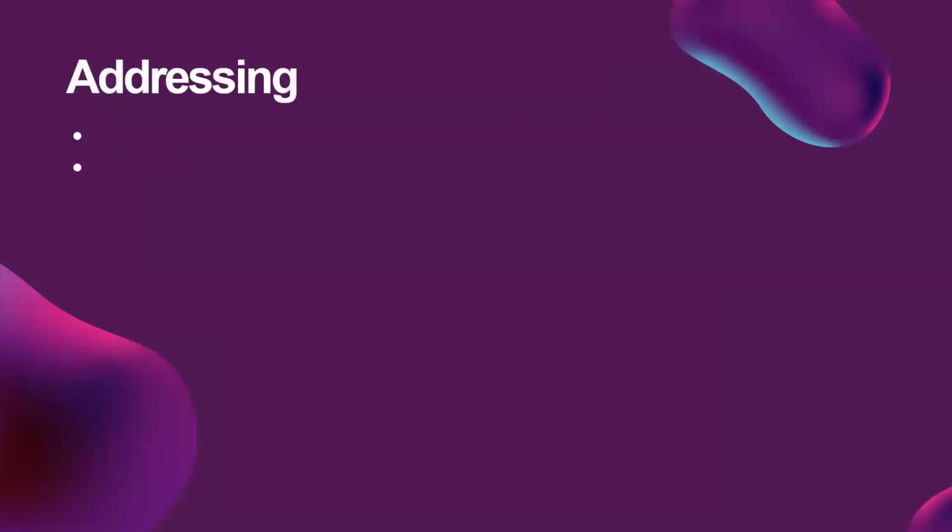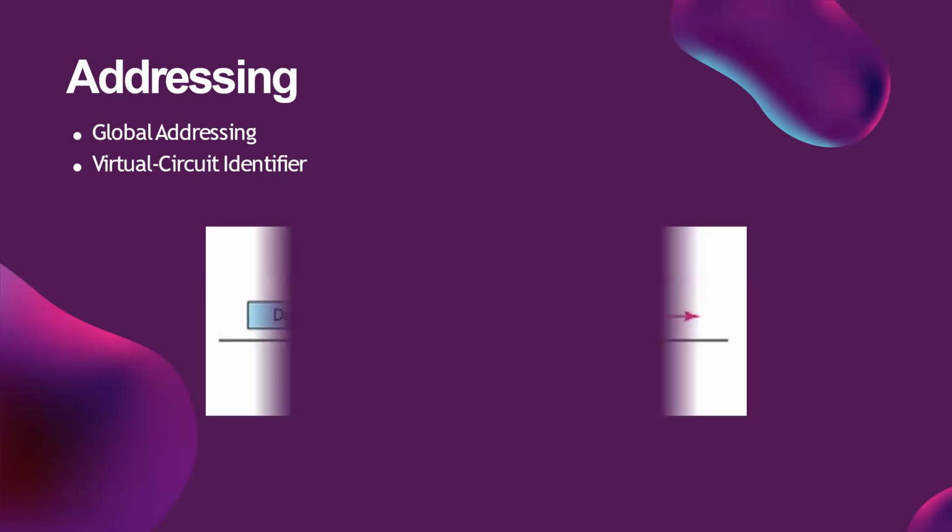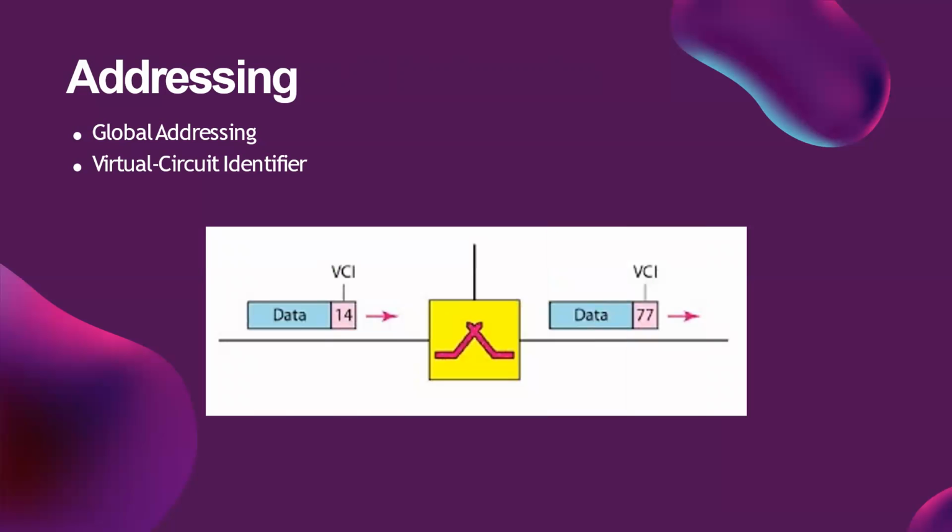Now we are going to learn about addressing. There are two types of addressing: global addressing and virtual circuit addressing, using the virtual circuit identifier. We can see the figure for the virtual circuit identifier.